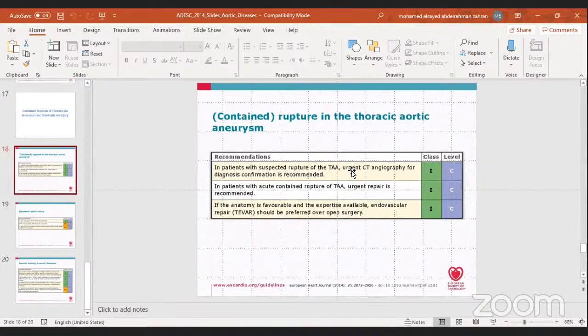If a rupture is suspected and this is the cause of the hemodynamic instability, you will perform urgent CT angiography. As you see here, if it is an acute contained rupture, urgent repair is recommended, because usually those patients are stable for 1 or 2 days and then boom, it starts bleeding inside the abdomen or the chest, or you get a massive hemorrhagic effusion or a cardiac tamponade, and the patient arrests within less than a couple of hours.